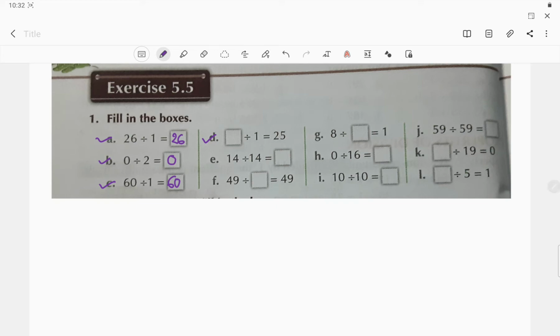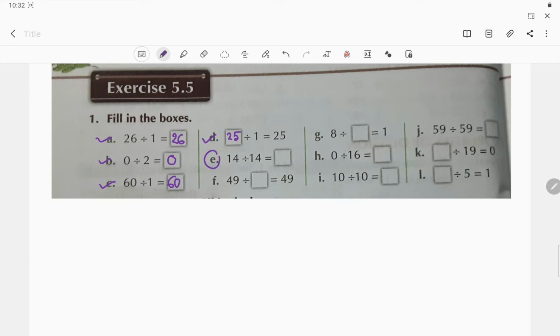So the only possibility is that the dividend will be 25, because if you divide 25 by 1, you will get the number itself, because you are dividing by 1. So the quotient and the dividend will be the same when you are dividing by 1. Please remember this: the dividend and quotient will be the same when the divisor is 1.